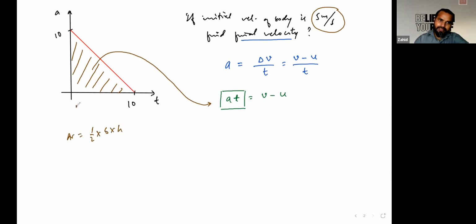We have base 10, we have height 10. Just put them here. It will give you a into t. We have u. Just put them here and rearrange. It is just your area under the graph. Just put the value of u to find v. Hiba, it is just your area. You have to calculate v. Just put the value of u and simplify it.